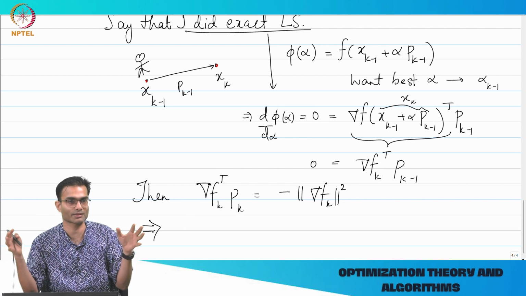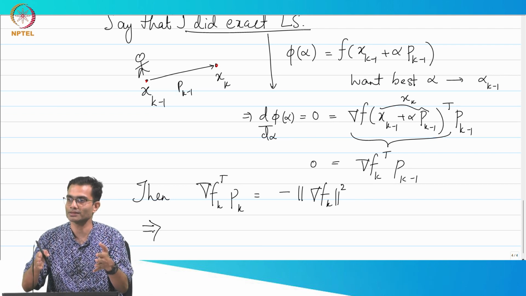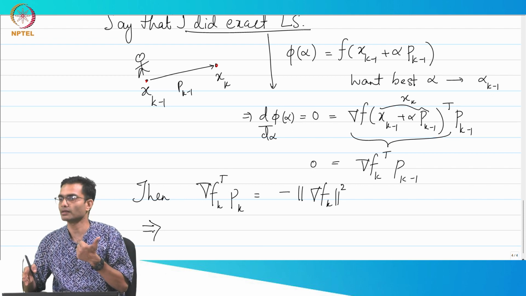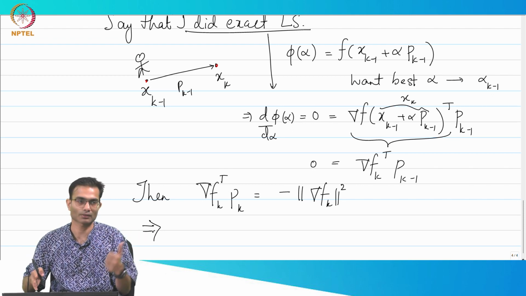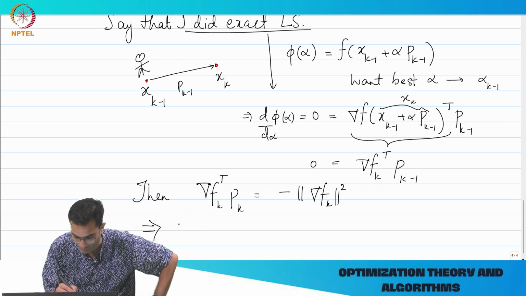So that's great. That is giving me a clear way forward of implementing a nonlinear CG. Make sure I do exact line search, no matter how expensive it is, and pick a descent direction to start with, then every step will be this. So let's just note that down.